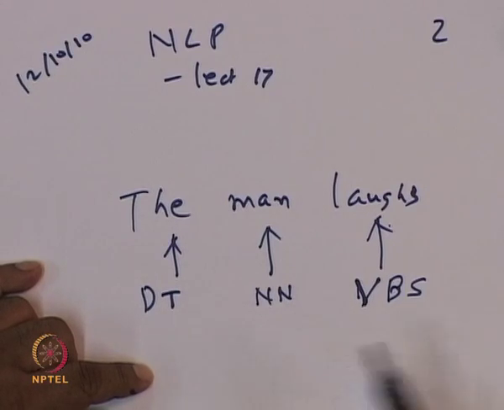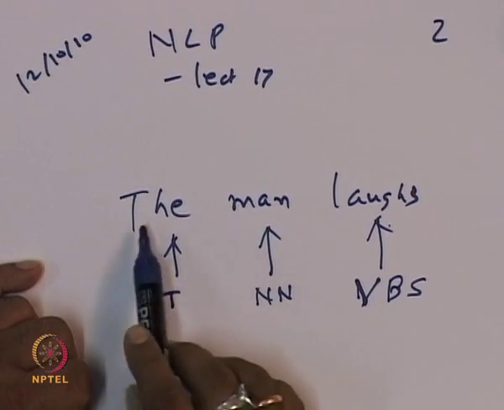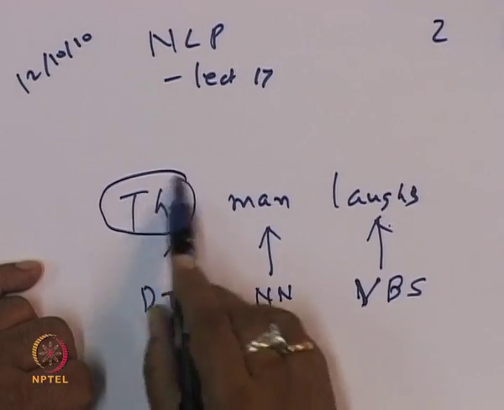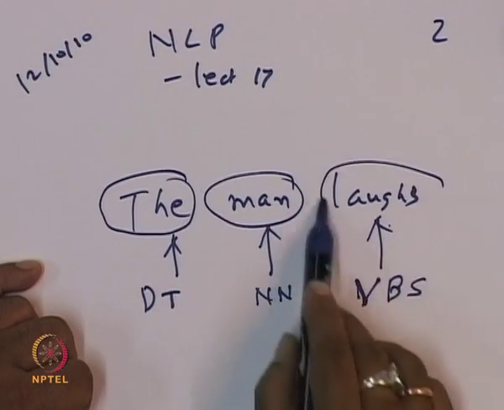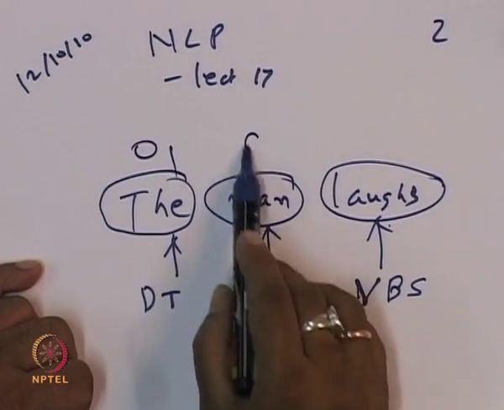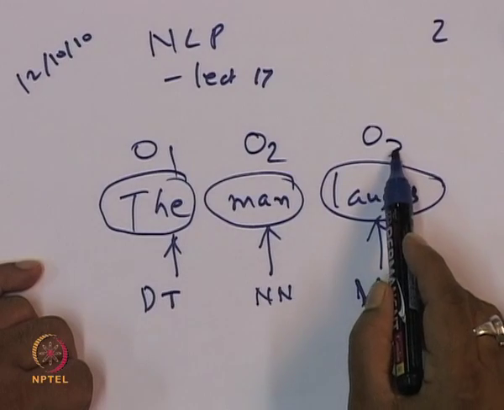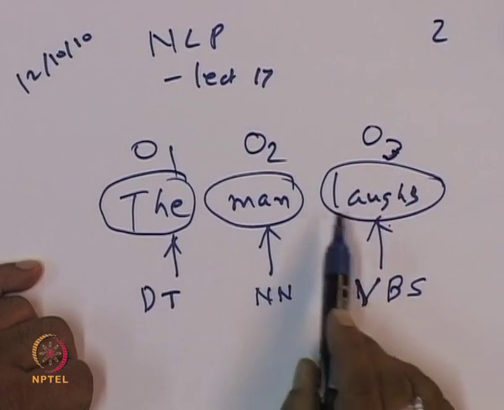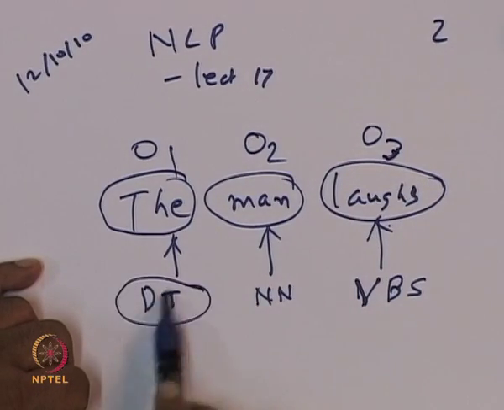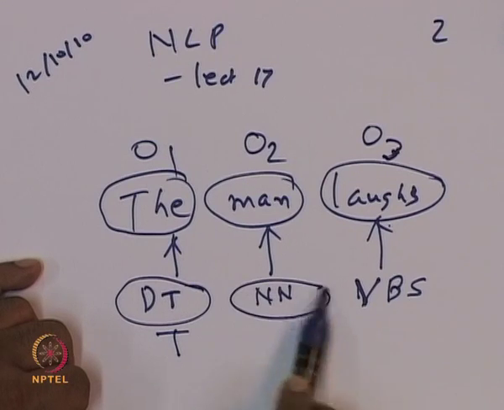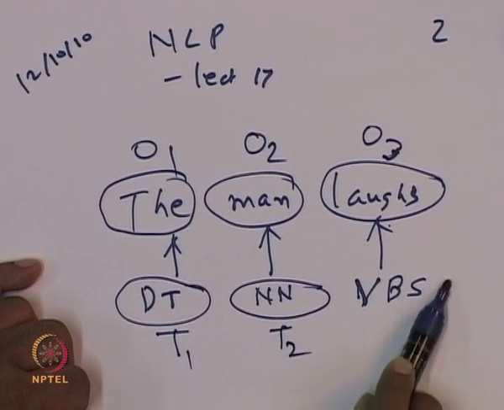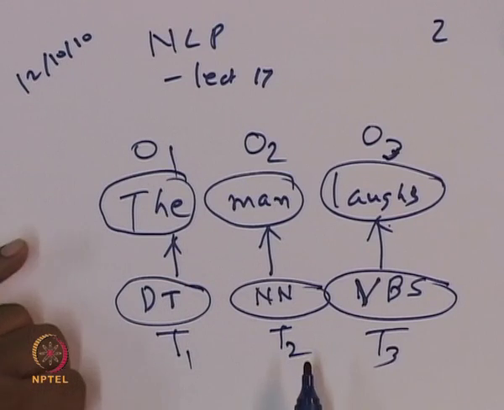So, as if the observations are our words, this is O1, O2 and O3, and we have to predict what is hidden below this. What is hidden below this is T1, the tag 1, T2 and T3.